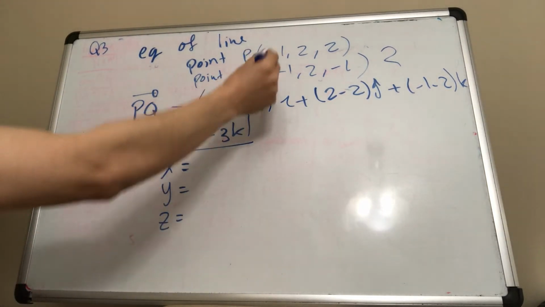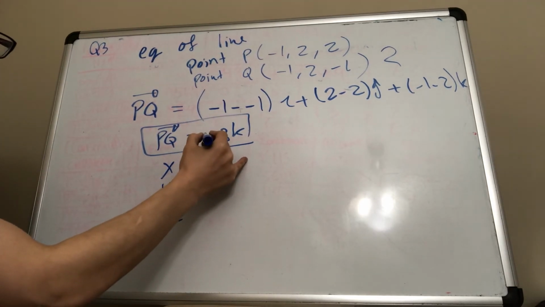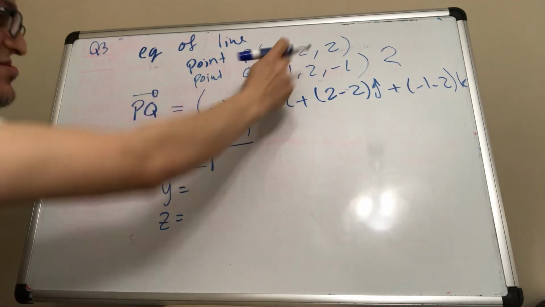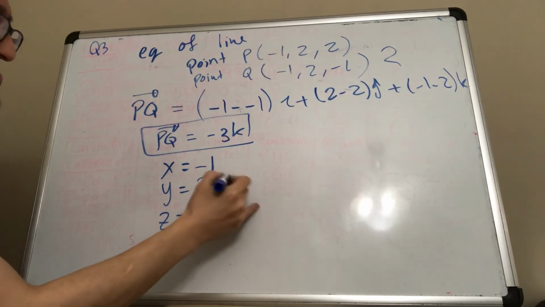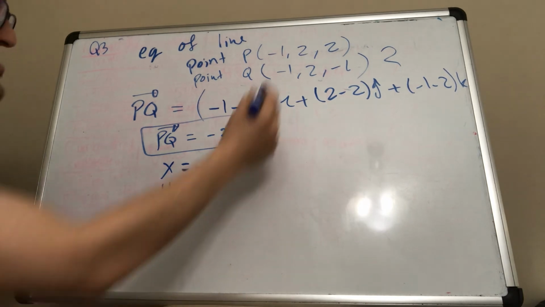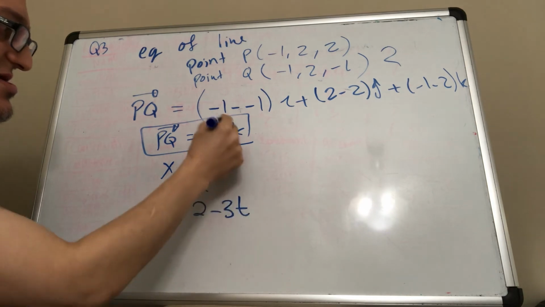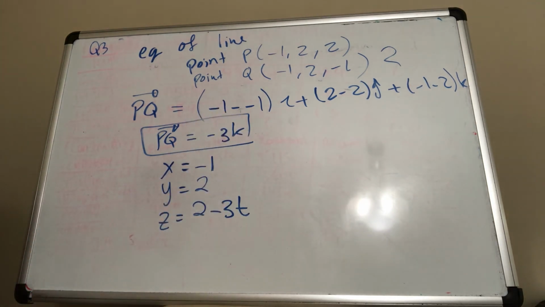You take the first point, and there is nothing in the I, so you leave it. You take the second point, and there is nothing in the J. You take the third point, but you go -3t, because this number here is -3. This would be the equation of the line for this question.